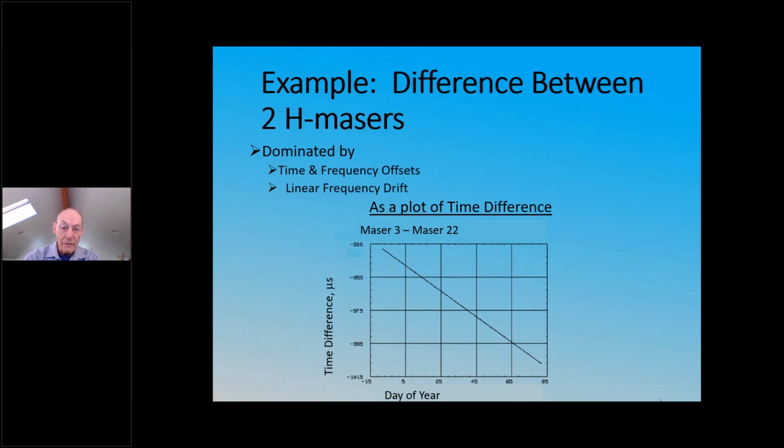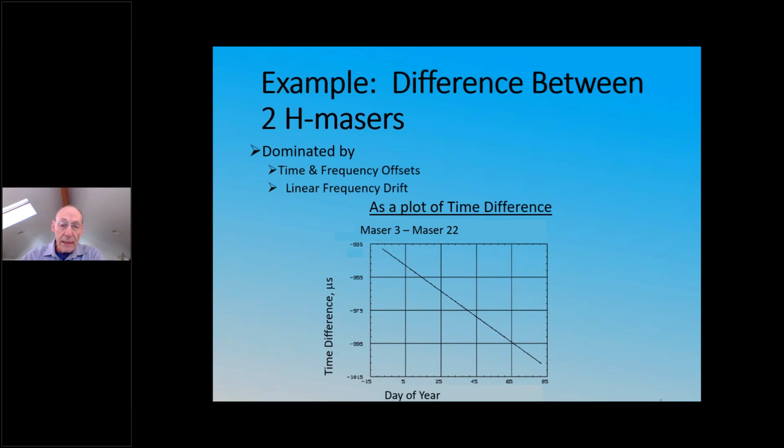And there's a rate offset, which is why there's a slope. It's not flat, so that means there's a frequency offset. And if you stare at it hard enough, you can almost see that it's actually parabolic. But you've got to take my word on that because you can't really see it. And that means that it's dominated by a linear frequency drift.